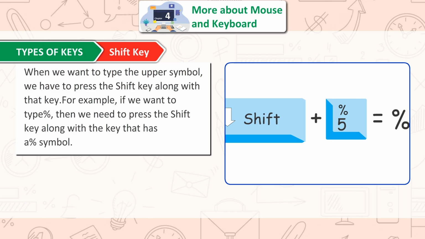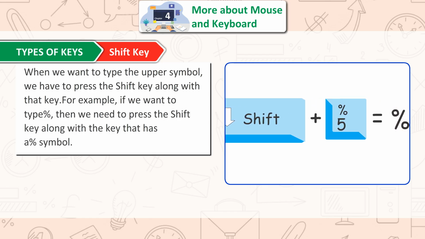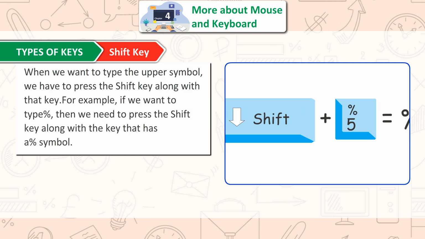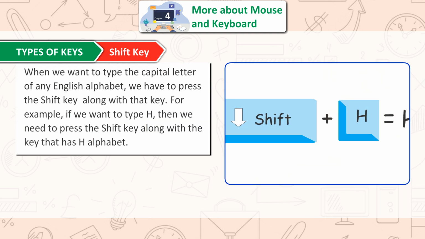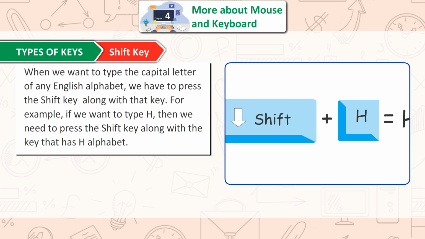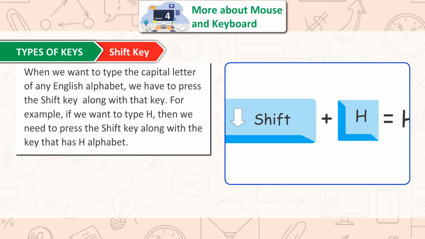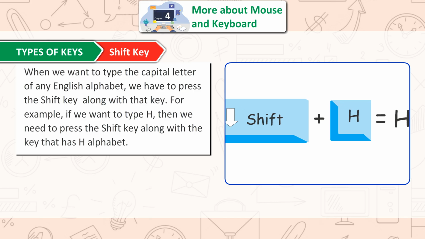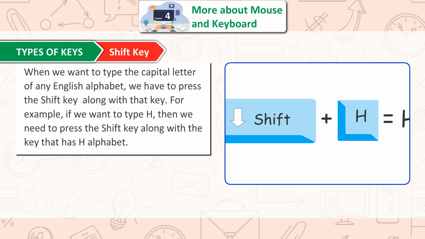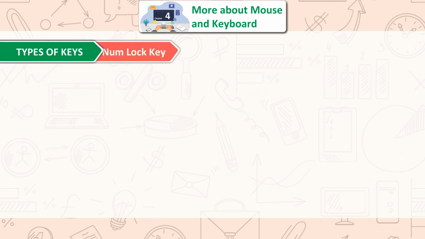For example, if we want to type %, then we need to press the Shift key along with the key that has a percentage symbol. When we want to type the capital letter of any English alphabet, we have to press the Shift key along with that key. For example, if we want to type H, then we need to press the Shift key along with the key that has H alphabet.